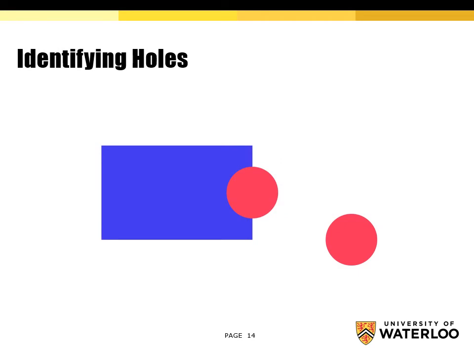But there's an issue with such an approach. Consider this example in which both the circles are at a higher layer and the rectangle is at a lower layer. Now, from our previous definition, we would consider every pixel with a higher disparity as a hole. In this case, we would consider the region that's covered by both these circles as the hole and try to cover it.